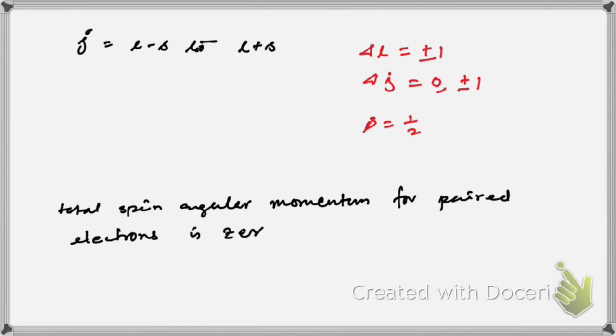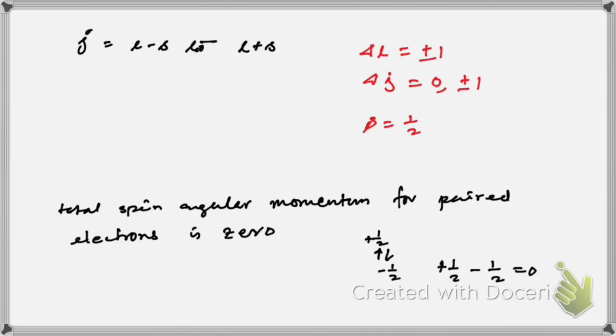Remember that. That means if there are two electrons, the value of small s for one will be plus half and for the other electron minus half, and plus half minus half gives a total of 0. Hope you have understood this.